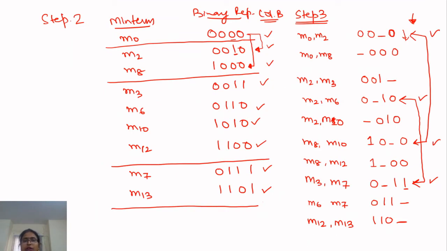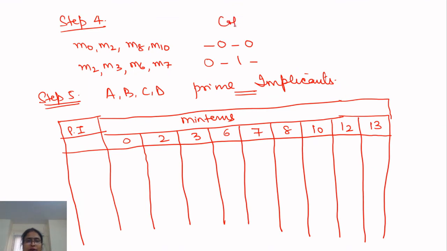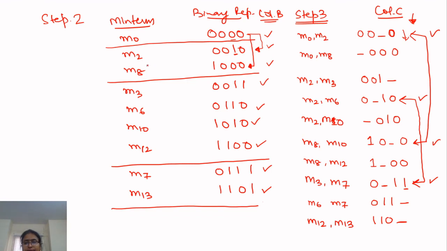So this was column B, in step 2 this is column C, and this is column D. So in column D you can see minterms 0, 2, 8, 10, 2, 3, 6, 7 are included, right? So what you have to do is write down the numbers which are there.